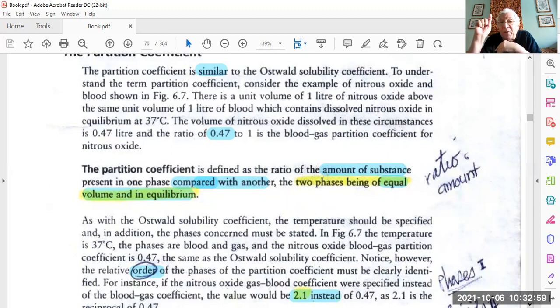At this point هتلاقي الضغط اللي في الحالة الغازية يساوي الضغط في الحالة اللي مش غازية اللي هو مذاب. خلاص؟ At this point بشوف قد ايه هنا بالنسبة لهنا.